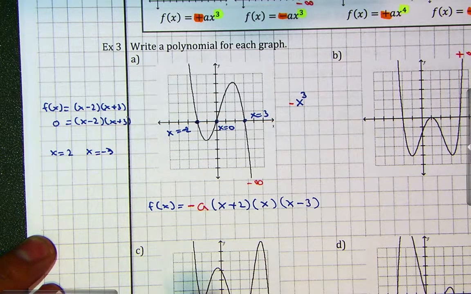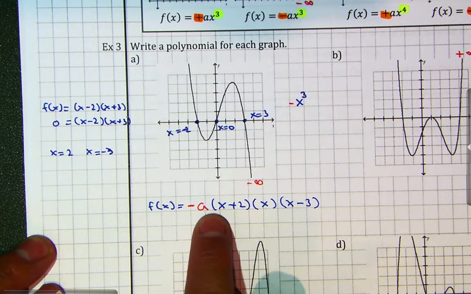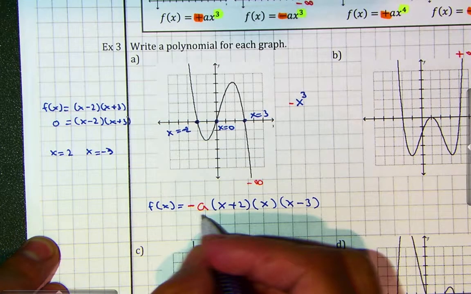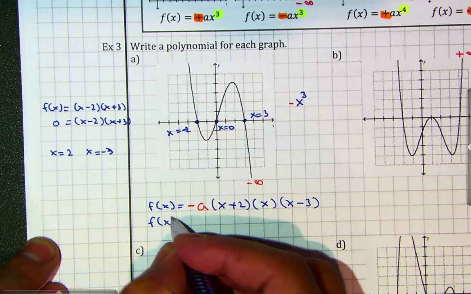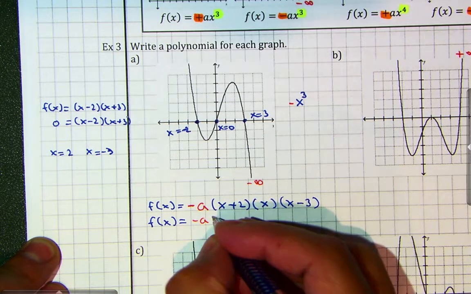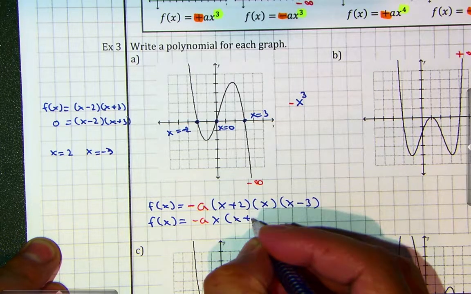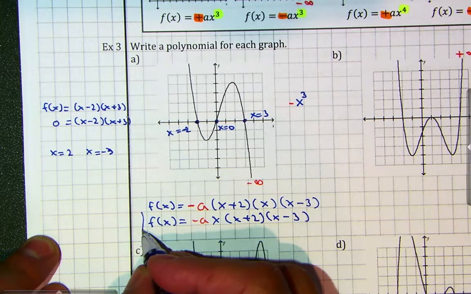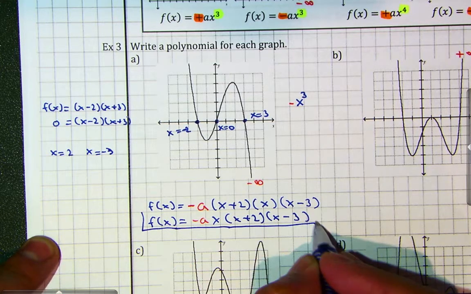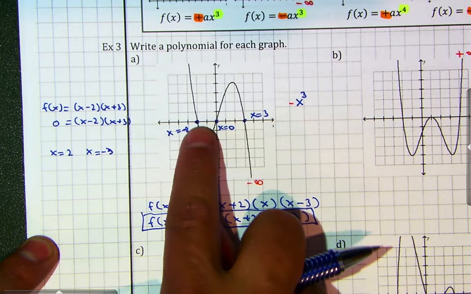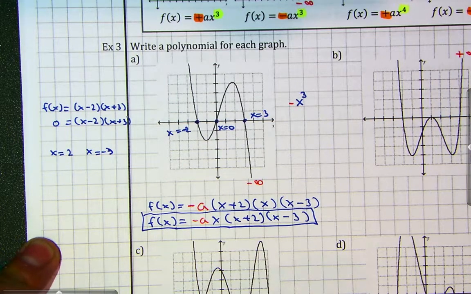The only thing I'm going to do is move my x over as part of the leading coefficient, the negative a. It will be f of x equals negative a x, x plus 2, x minus 3. So that is one possible polynomial for this graph. And we're basing those numbers according to your x-intercepts.